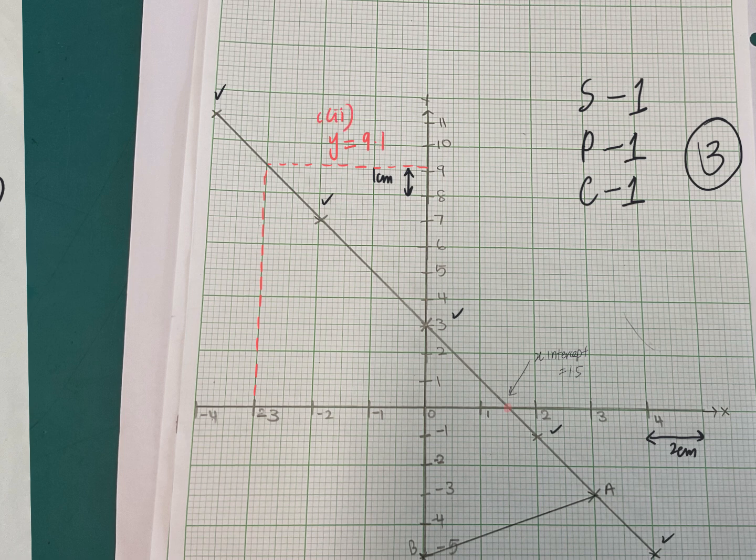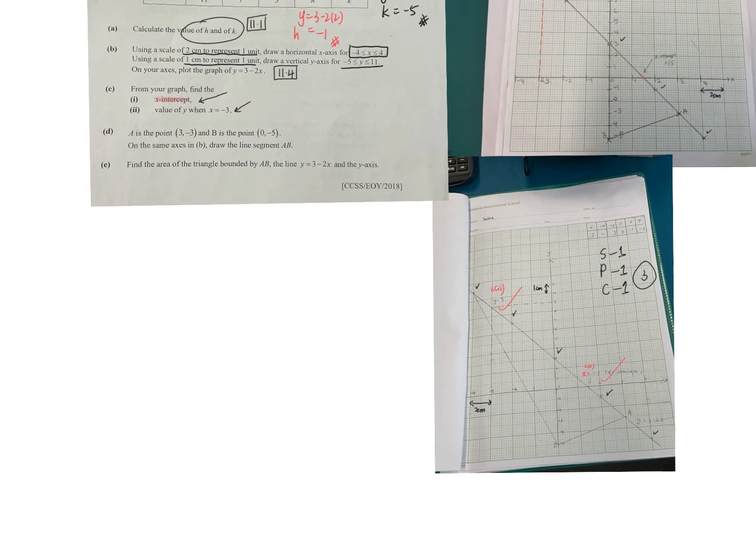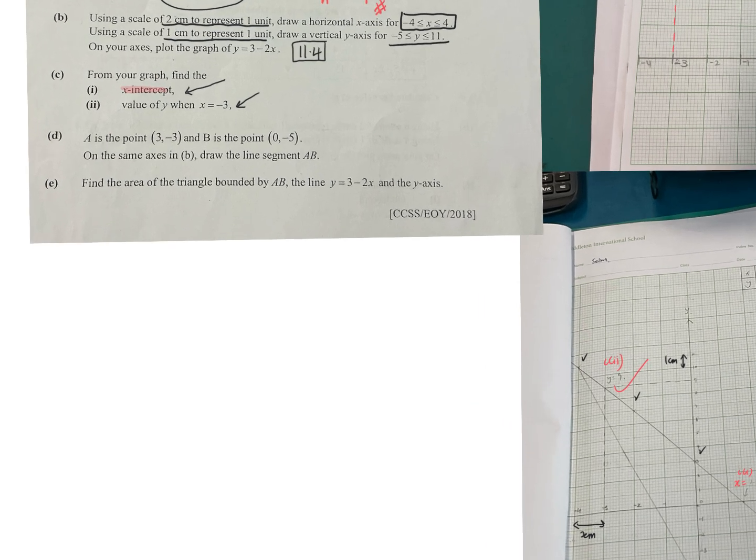See part 2. And then Selena's one, when x is minus 3, the y is at 9. Which is fine. So you need to draw dotted lines, write your answer at the specific part and label properly.